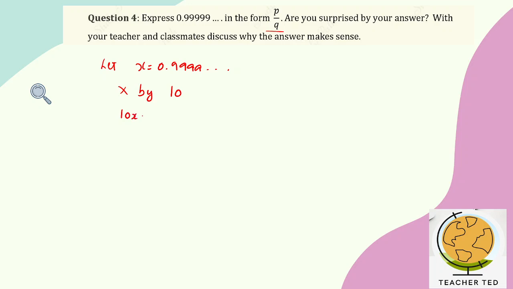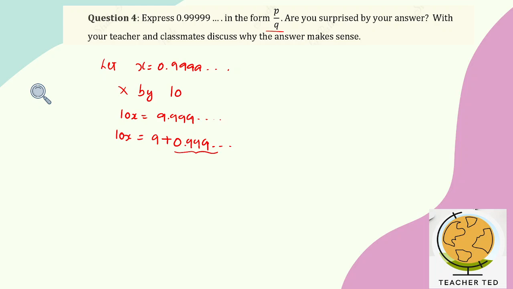LHS becomes 10x and RHS becomes 9.9999 etc., and you just split this into 9 plus 0.9999 etc. So you know already this method of dividing the fraction into the p by q form.